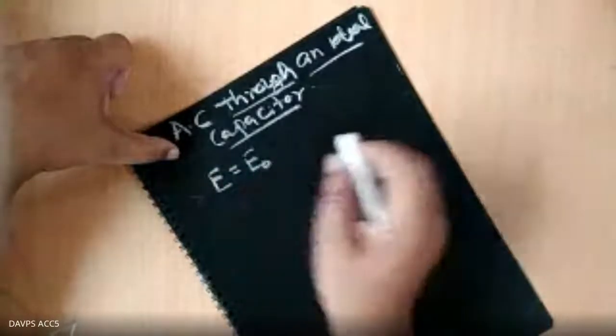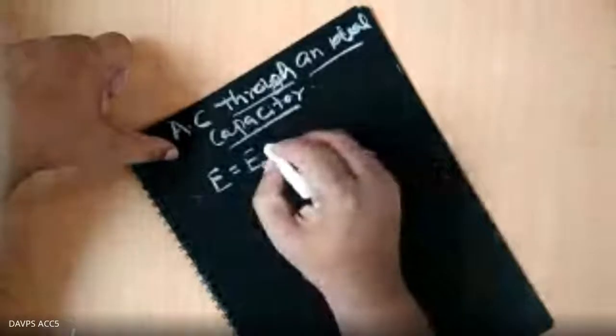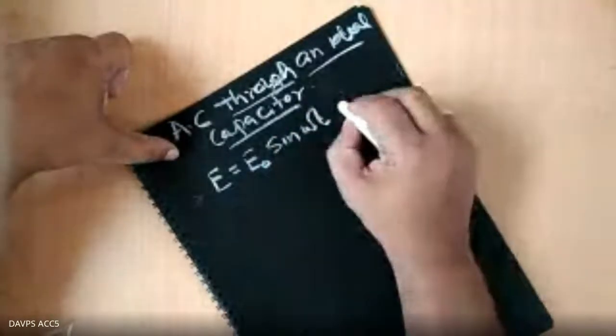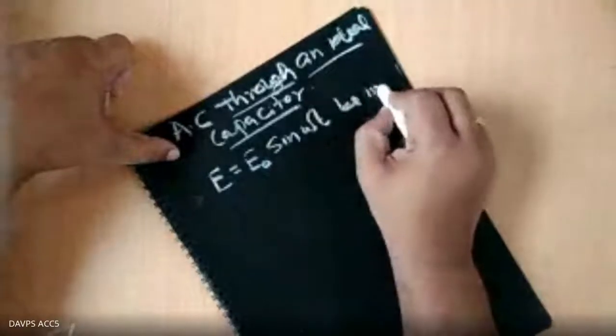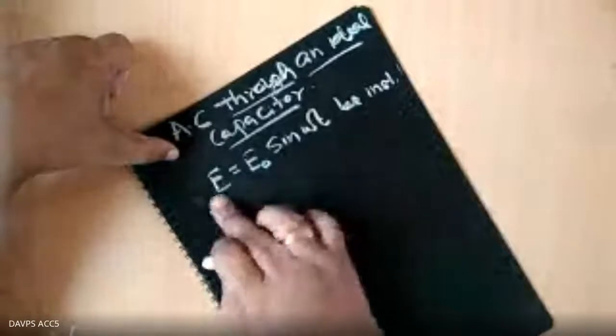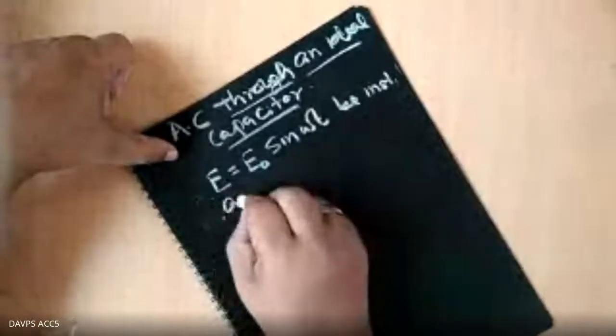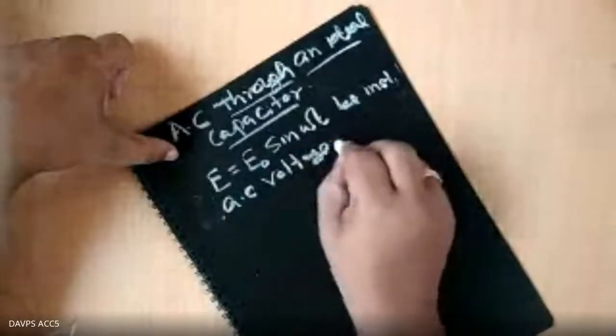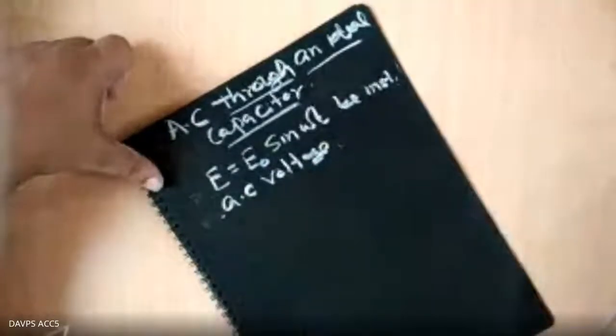In place of E, you can use V also. E equal to E naught sine omega t be the instantaneous AC voltage.